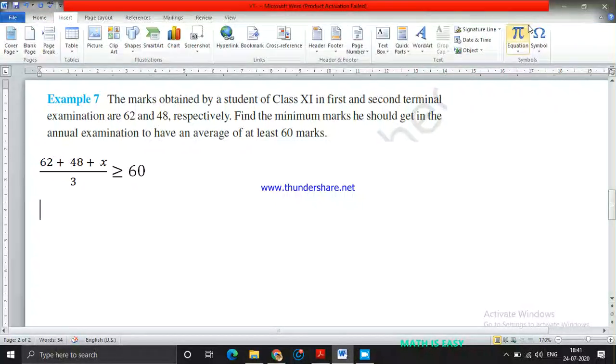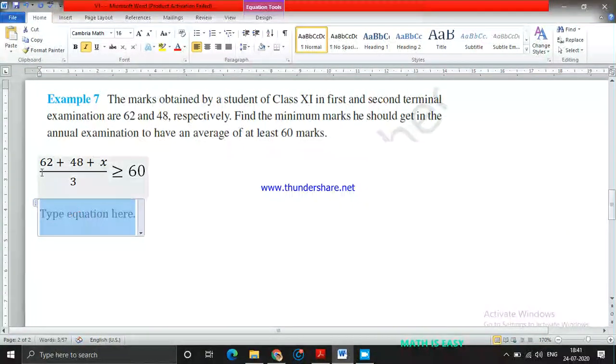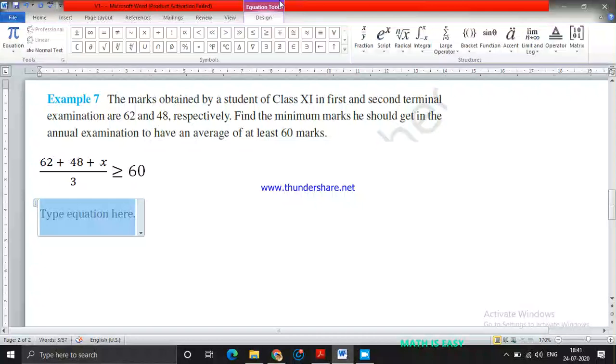So next, here 62 plus 48 is 110. Let me do it this way. 110 plus X is greater than or equal to 180.